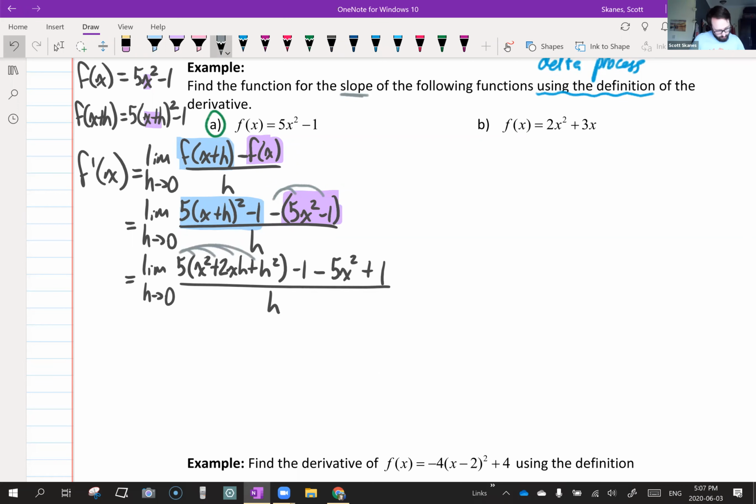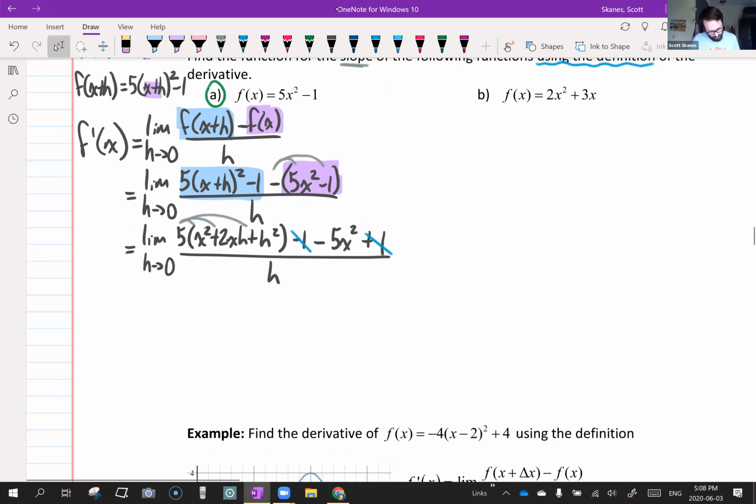I'm going to cancel these ones so I can see if they're in common and keep working through this until I get to a logical answer. 5x squared plus 10xh plus 5h squared minus 5x squared, over h.